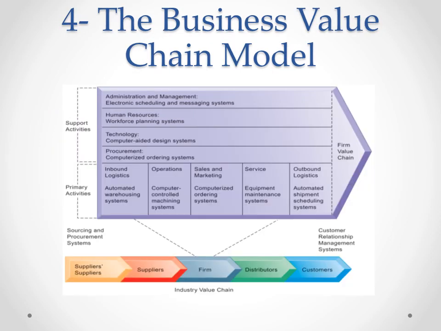The business value chain model, as you noticed in Porter's model, concentrated on external forces and suggested strategies to face those challenges or forces. But it did not concentrate on what exactly the firm can do internally to achieve competitive advantages.